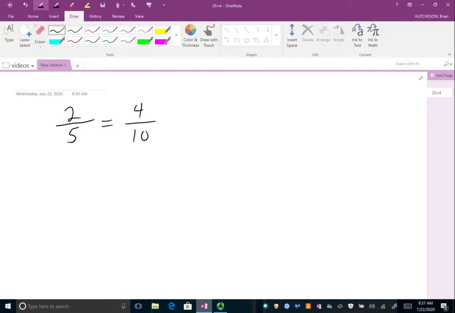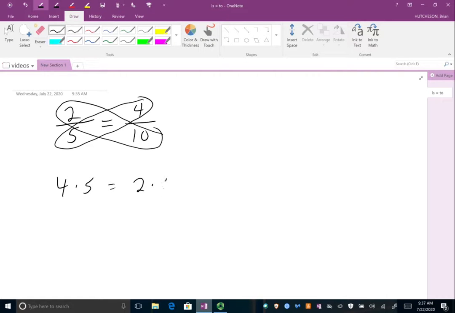And one thing we can do to check that these two things are equal is something that y'all, as students, usually completely know and love, and it's cross multiplication, the butterfly method, etc., etc. But this and this, so the 4 times the 5 has to be the same as the 2 times the 10. Of course, this is 20 and this is 20, and that's a true statement.